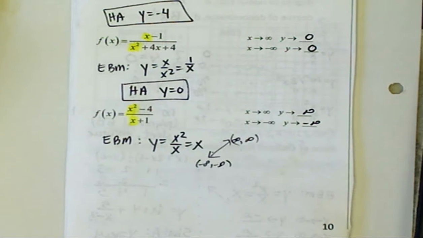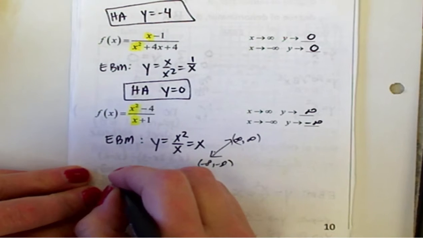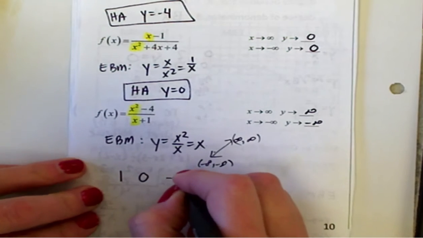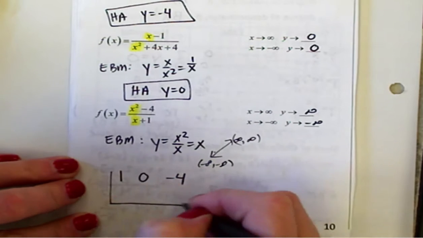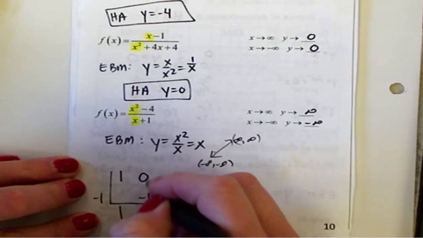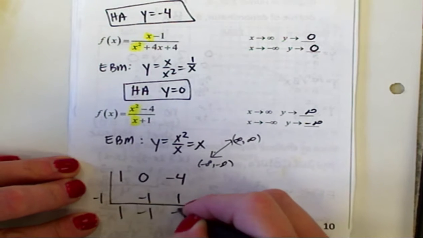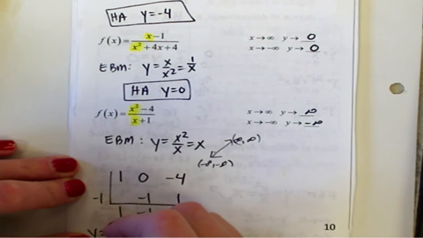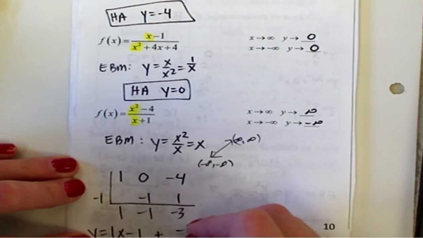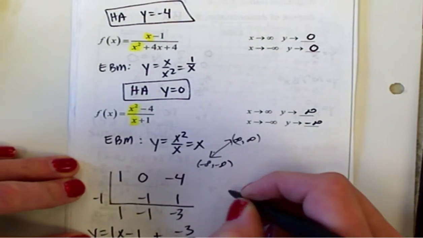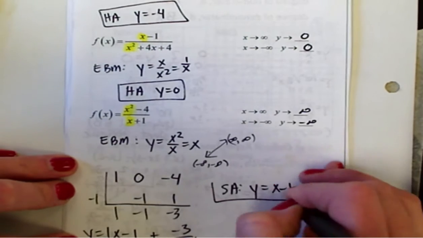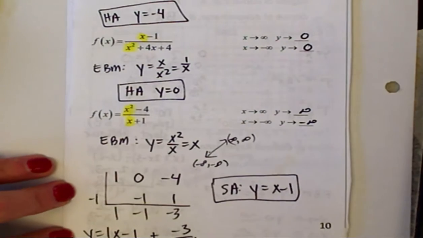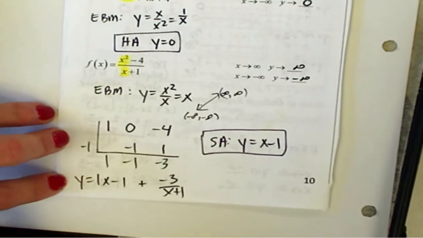I already know it's a positive sloped line. Oh yeah, see that missing term? 1, 0, 1, -1. So this gives me y equals 1x minus 1. So the slant asymptote is y equals x minus 1.